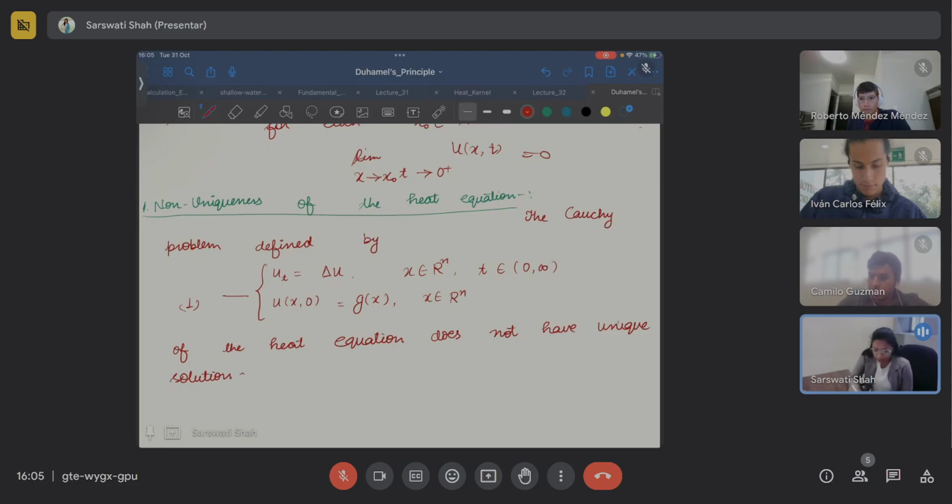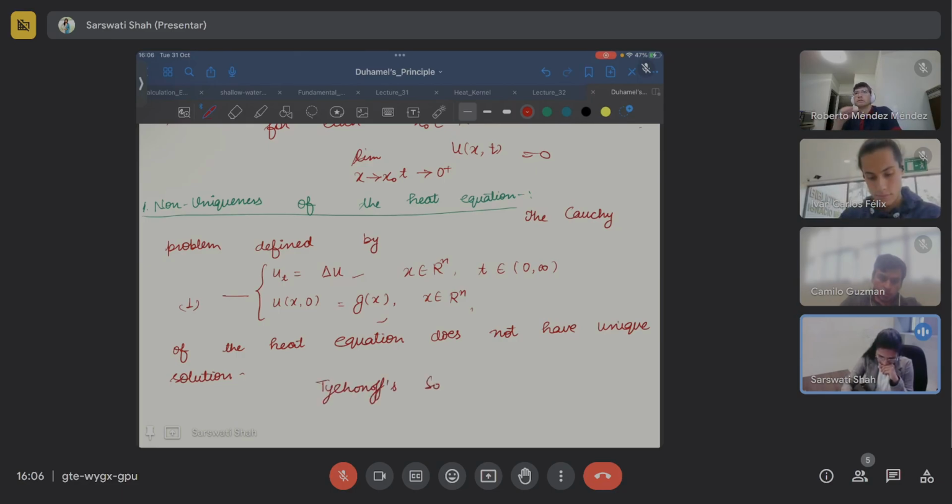So the Cauchy problem is defined by this, with the variable initial data. There is a theorem that talks about the non-uniqueness of the heat equation. There might be more than one solution of the homogeneous heat equation with the variable initial data. The theorem which proved that it has more than one solution is known as the Tychonoff solution.